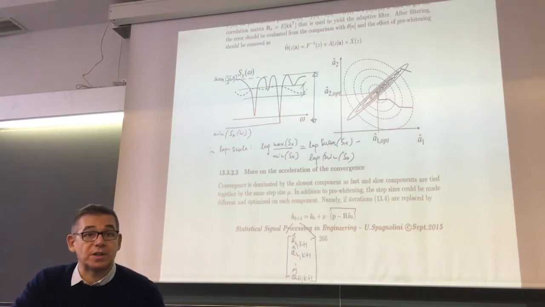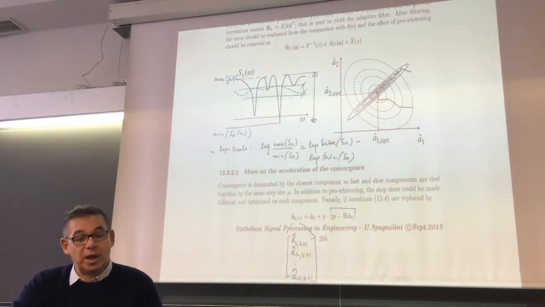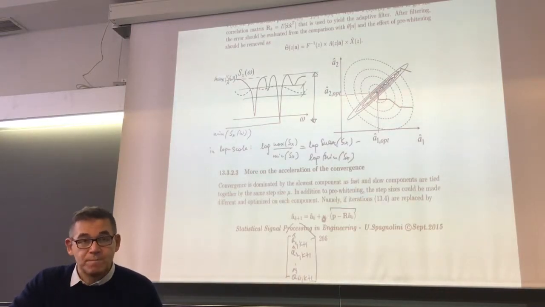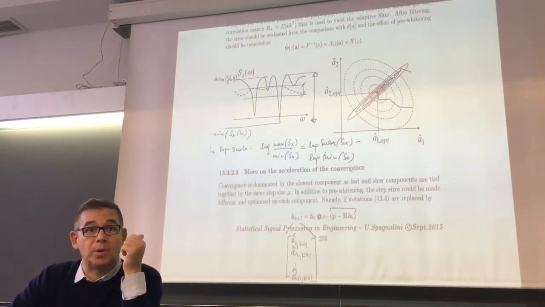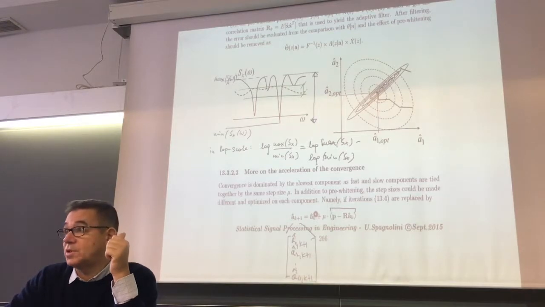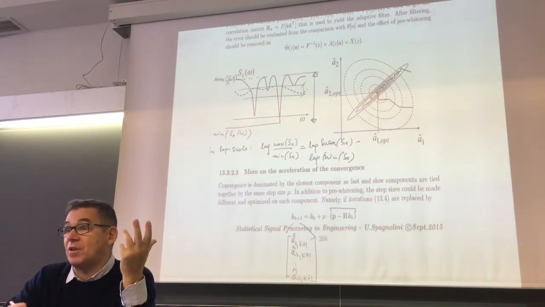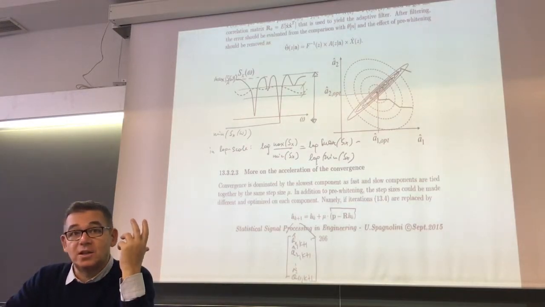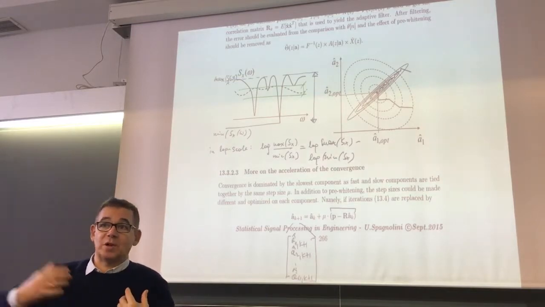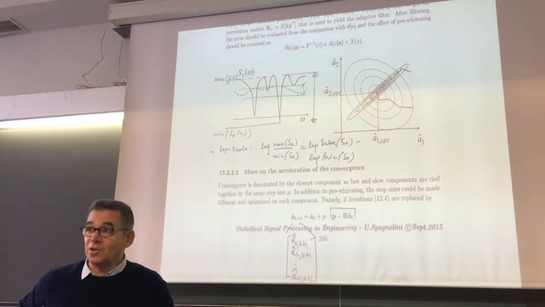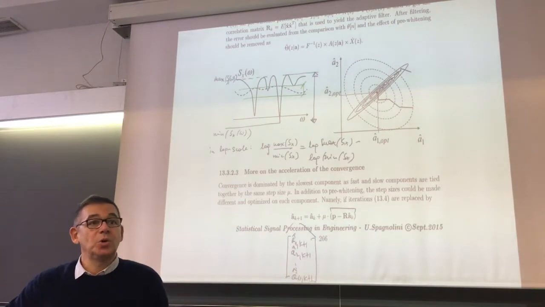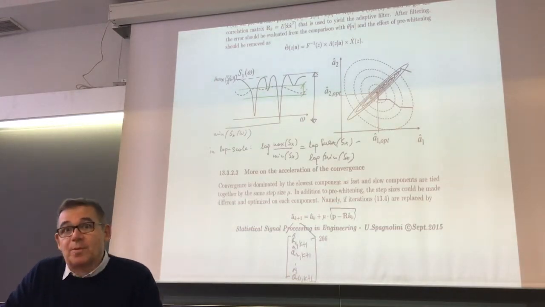Now, it's not trivial. Looking at the formula, mu is a scalar. Mu as a scalar means it is one number which should make everybody happy. It's like, I'm the slowest one, you are the faster one, but I constrain you to make the same small step.